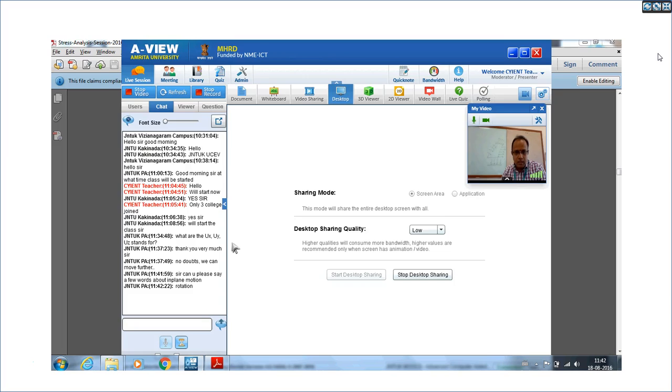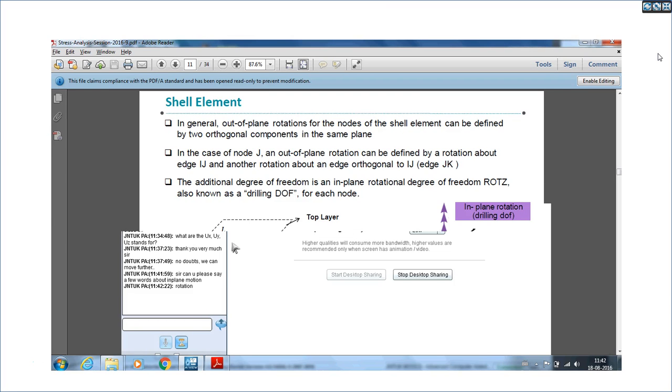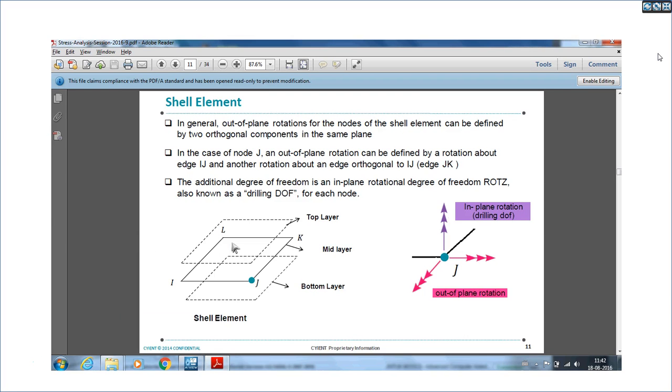You have to say in-plane rotations. So for example, for this node J, the rotation with respect to this line will have 1, the rotation with respect to this line will have 1, and there is one more line.